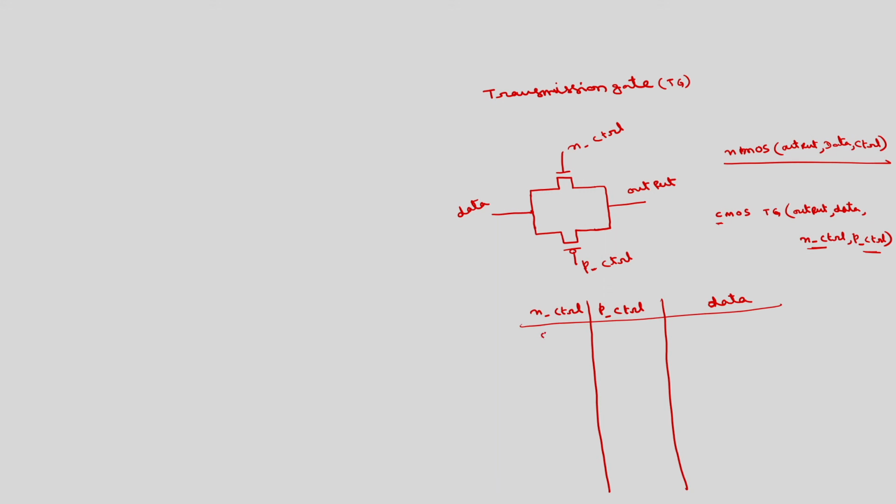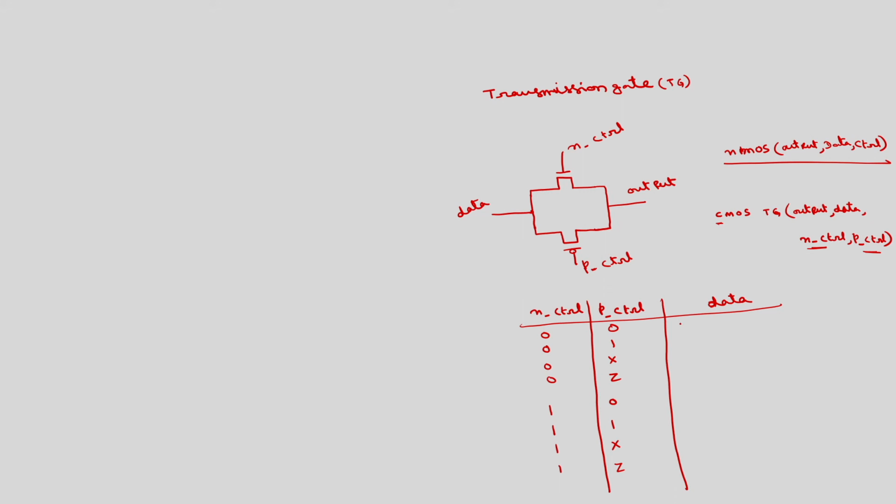So, N control you can fix at 0 0 0 0, and this will vary over 0 1 x z. Similarly, you can fix P control at 1 1 1 1, and data can be 0 1 x z. So, corresponding data and output.